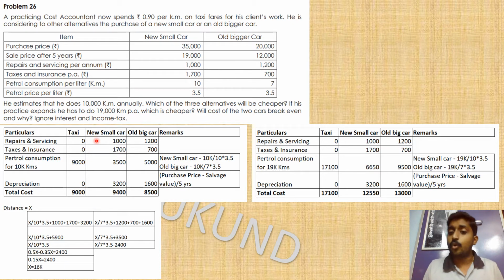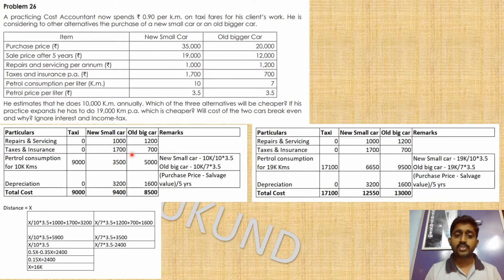If we are owning the new small car, of course in our P&L, since we are practicing CMA, we will maintain a P&L ourselves. We have to bring in the depreciation of the car. 35,000 rupees is the purchase price, 19,000 rupees is the sale price. So 35,000 minus 19,000 is 16,000 rupees, the depreciation in 5 years.